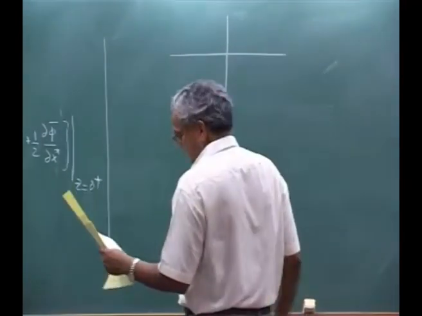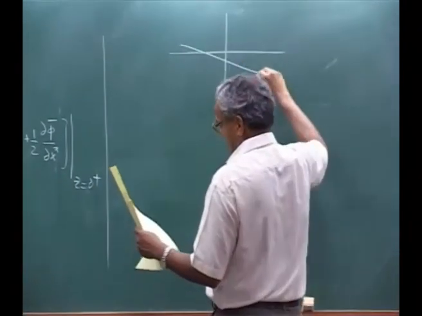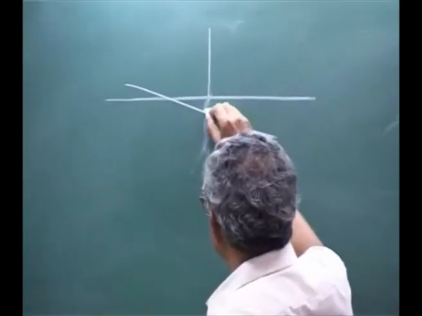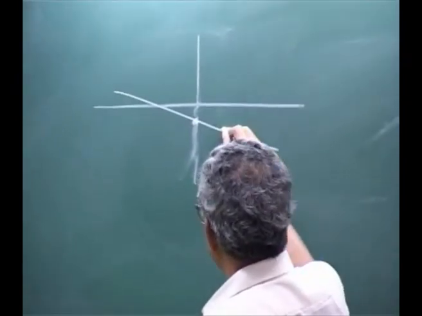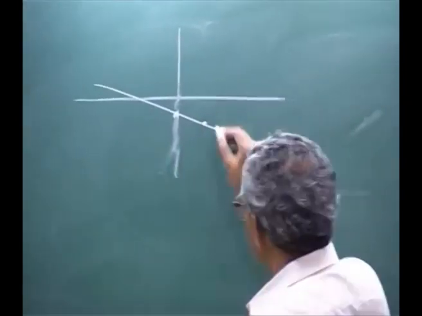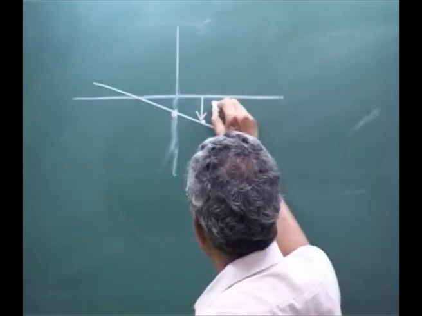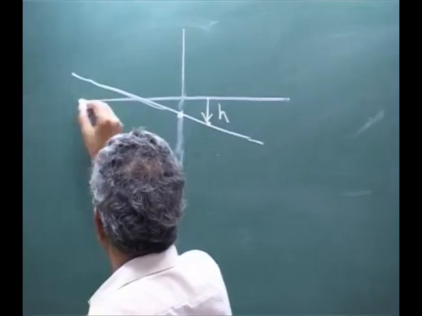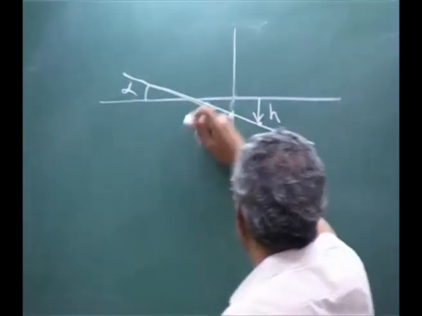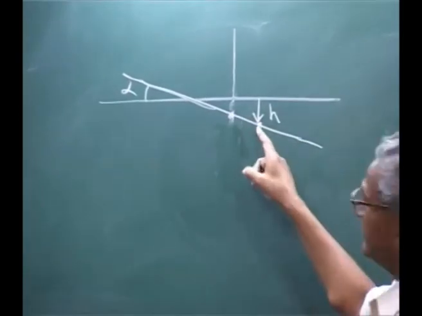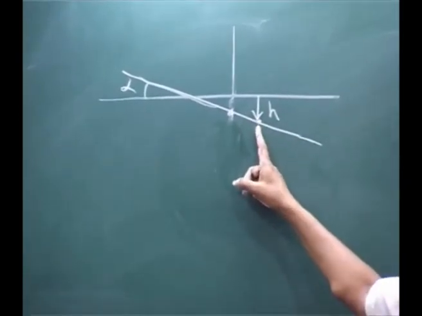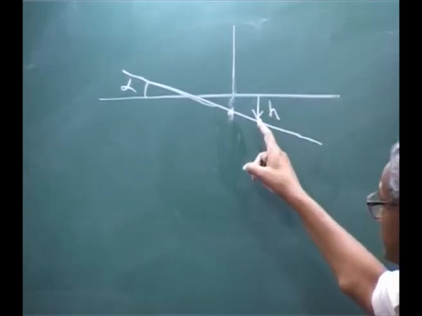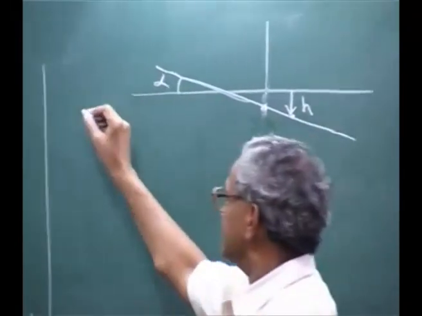This is my B and this is my H, and this angle is alpha. This is the center of the aerofoil. This is where my springs are attached. If you go back to your old reference, this is H, this is alpha, and your flow is coming this way.